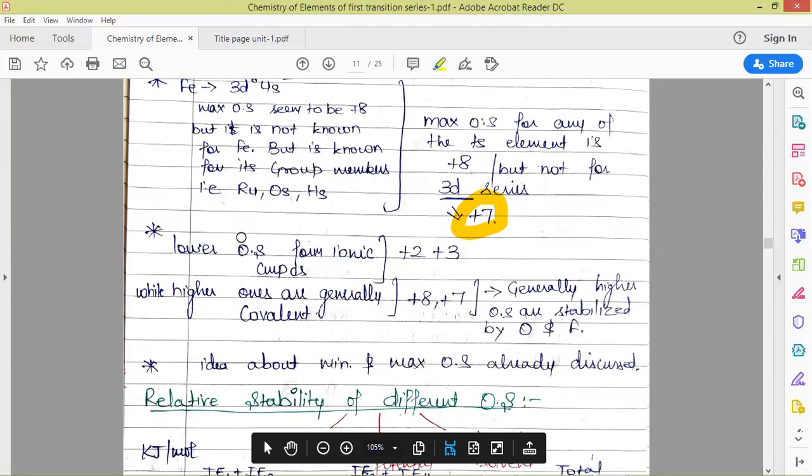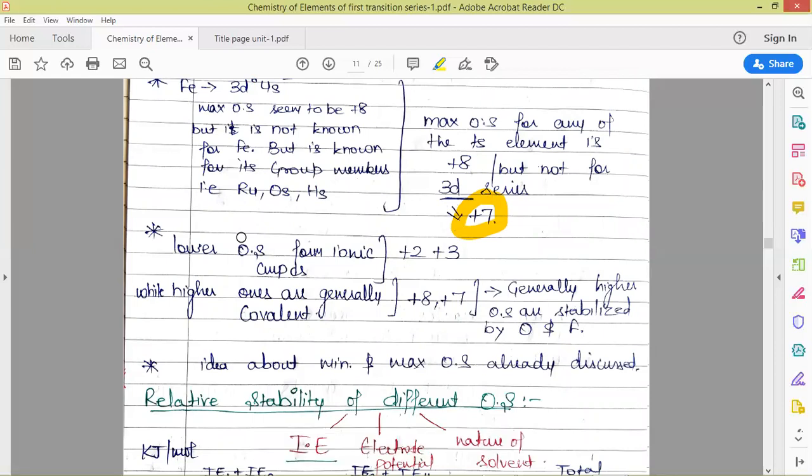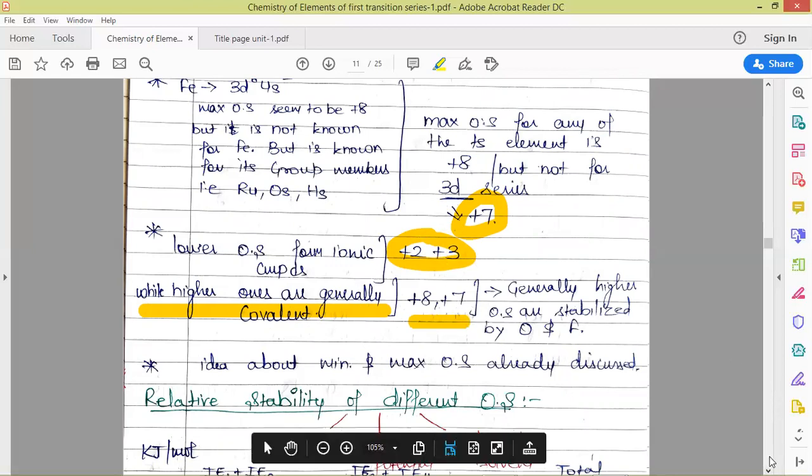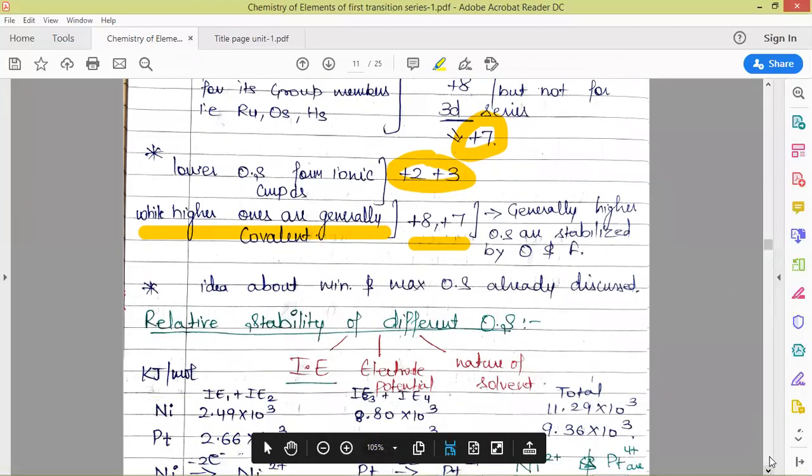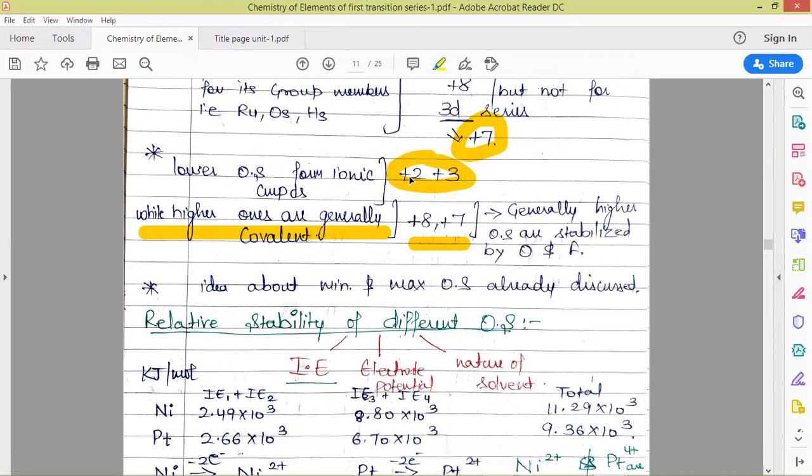For the lower oxidation states of the 3D series elements, the compounds are generally ionic, and with higher oxidation states, that is +7 and +8, they generally form covalent compounds. When higher oxidation states are present, such compounds are generally covalent, and the lower oxidation state compounds are generally ionic in nature.